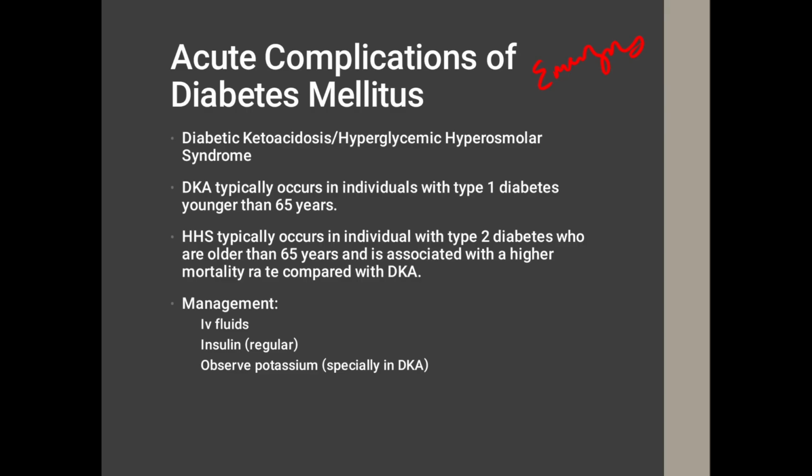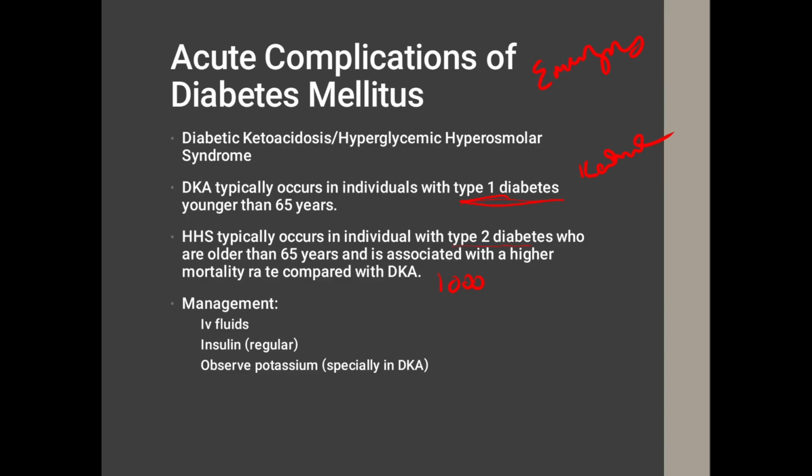We talked about DKA, but in general, DKA is associated with type 1 diabetes, and HHS is associated with type 2 diabetes. And the problem specifically in DKA is the increase in ketones. Okay, but in type 2 it's because of high glucose, and sometimes it reaches thousands, leading to a hyperosmolar condition.